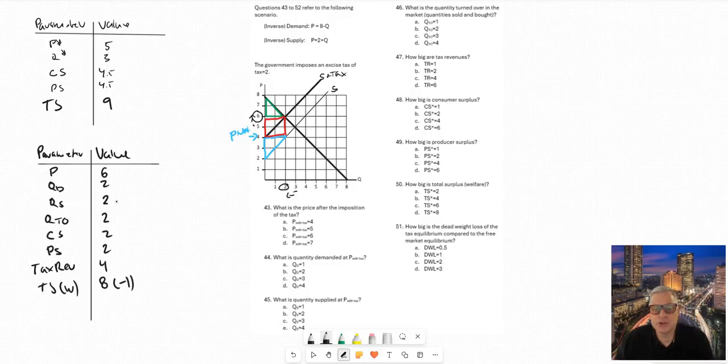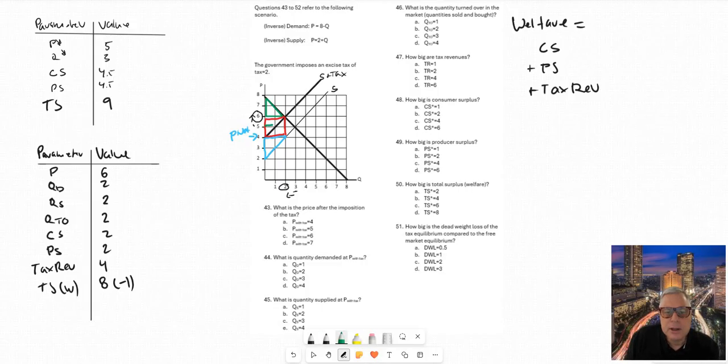And when it comes to the calculation of welfare, we said welfare is equal to consumer surplus plus producer surplus, but it is also equal to tax revenue. Why? Because this triangle, and actually this rectangle here, used to be consumer surplus. It's just given now to the government.